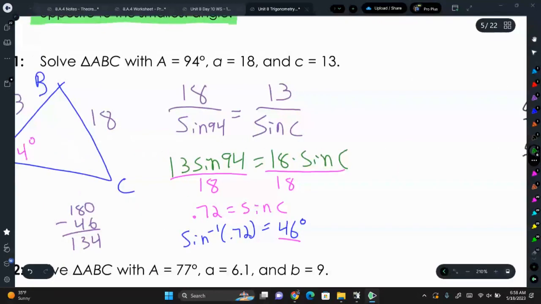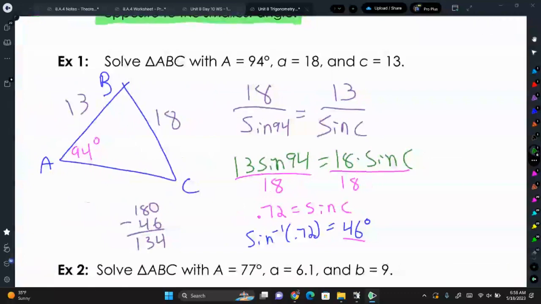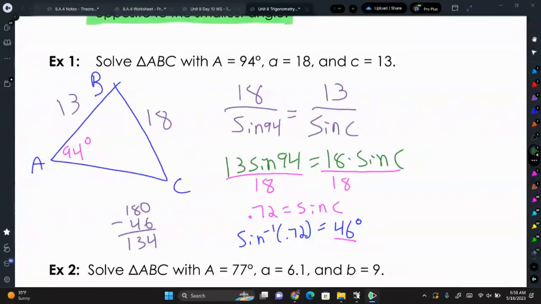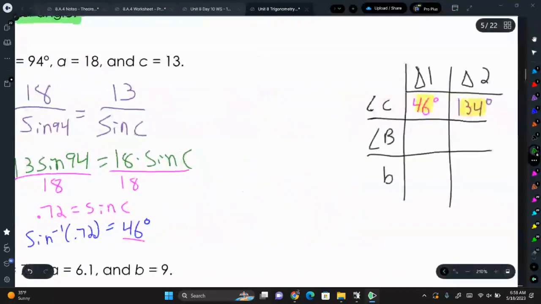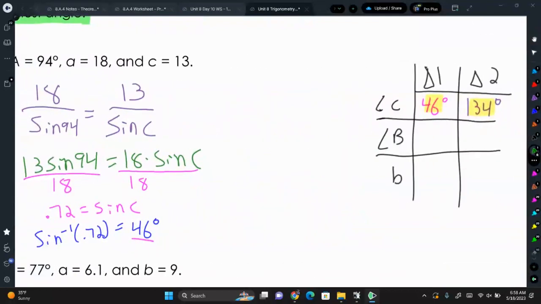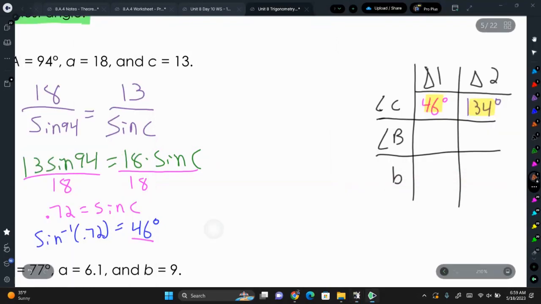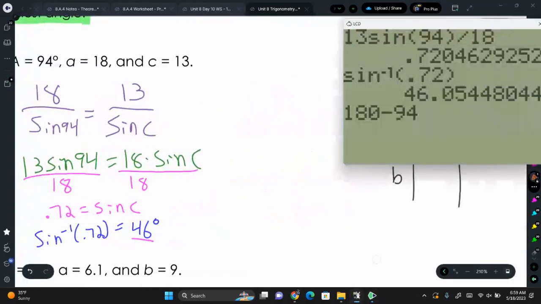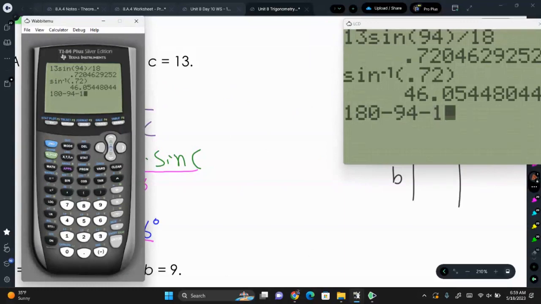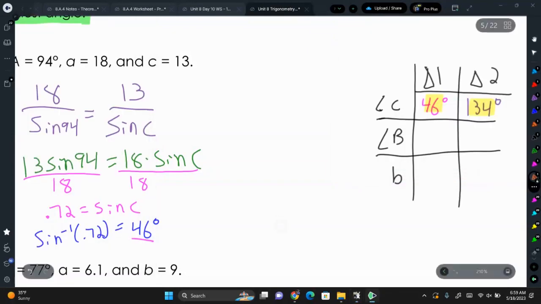Now, if our second angle is 134 and the angle that we are already given is 94, that's already over 180, so we can't have a second triangle. Just to verify, 180 minus 94 minus 134, we get negative 48 degrees. That doesn't make sense. So we know that there's only one triangle here.